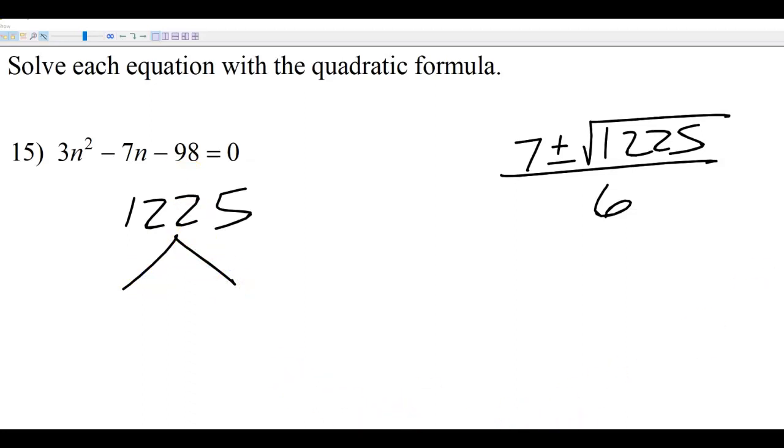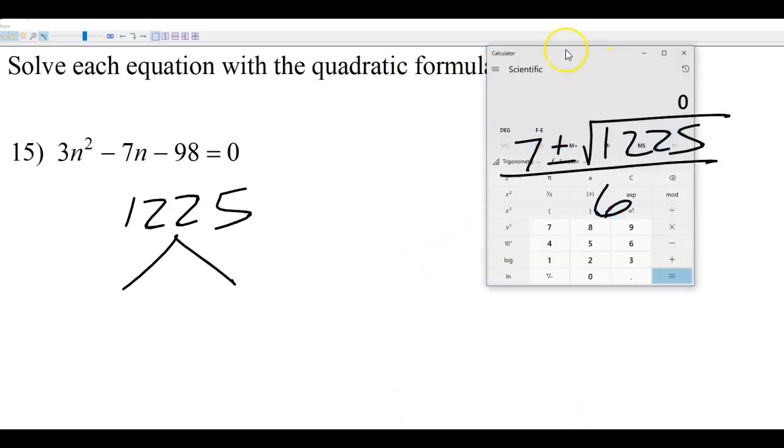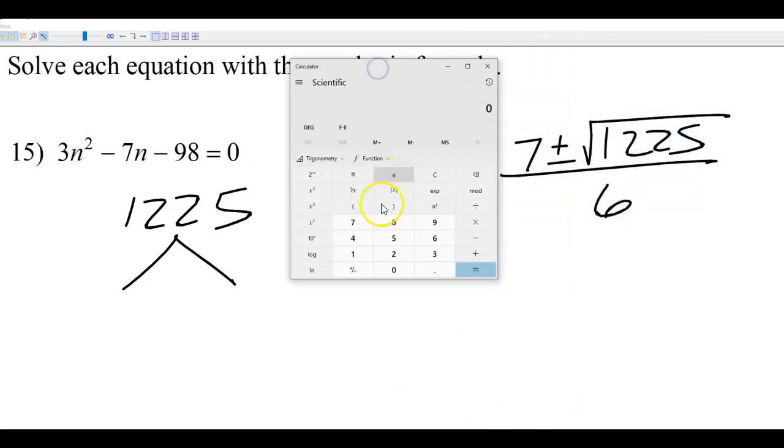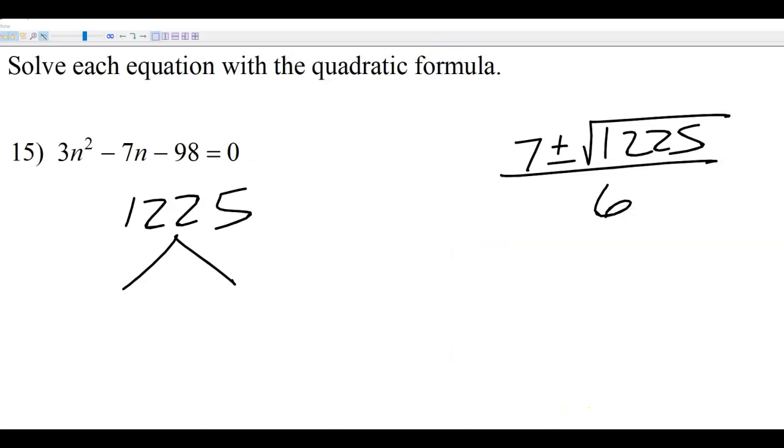It doesn't really matter where you start, just so long as you know that something goes in there. But 1,225 divided by 25 is 49. All right, so that's 25 and 49. And then 25 is 5 times 5, and 49 is 7 times 7.